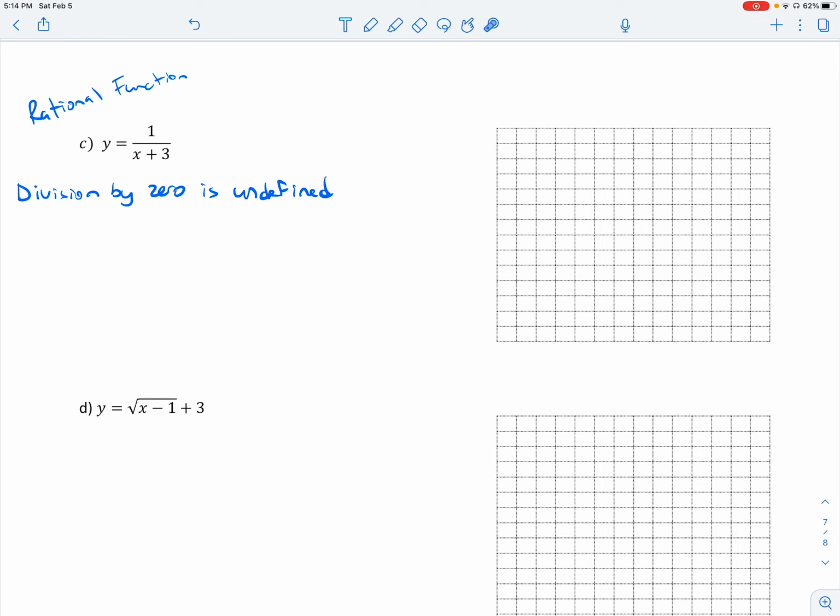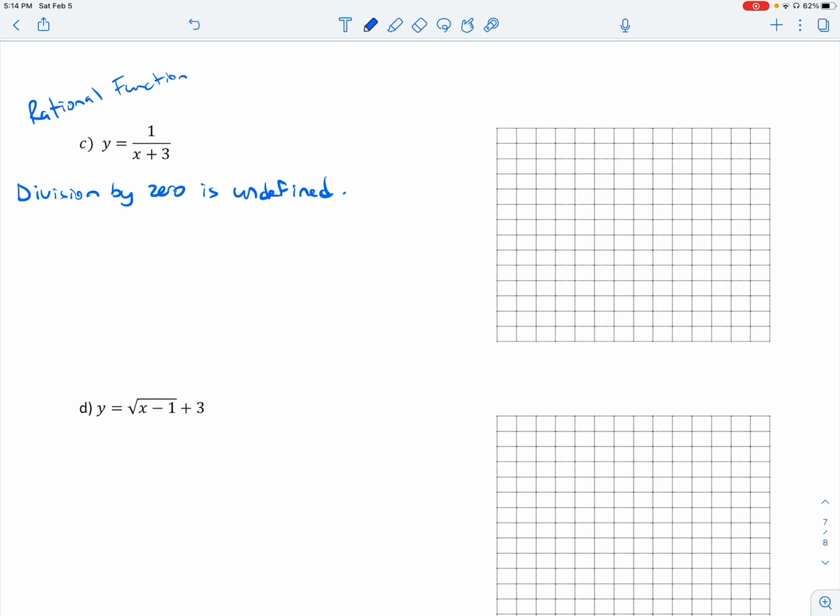Okay. So I want you to think for a second, what number would make this 0? Okay. So if I put 0 into x, I'm going to have 0 plus 3. That would not be 0. What would x need to be so that when I do the sum of those two, I get 0? So you might have guessed it, and we know that x cannot be negative 3.